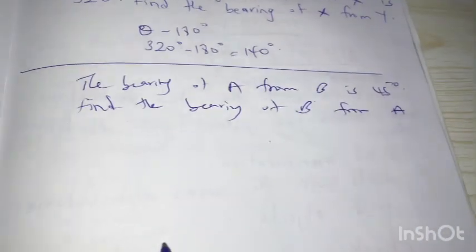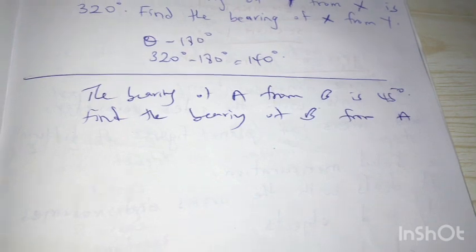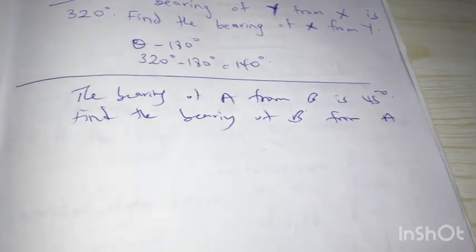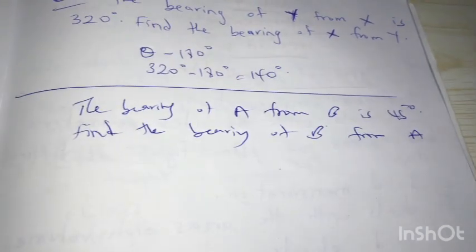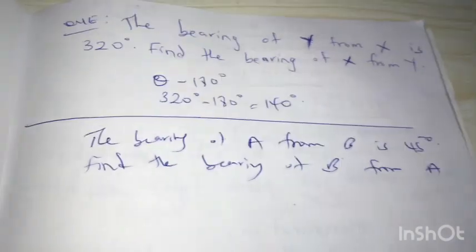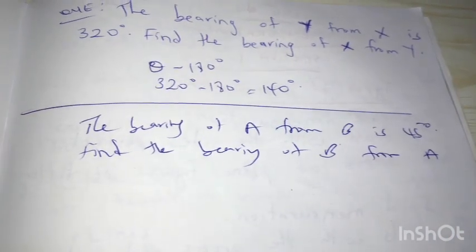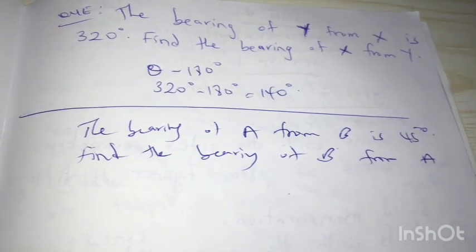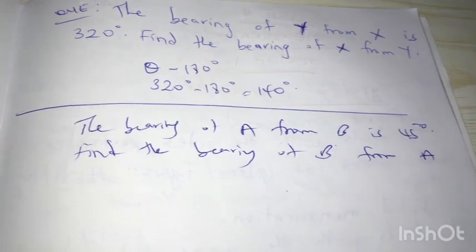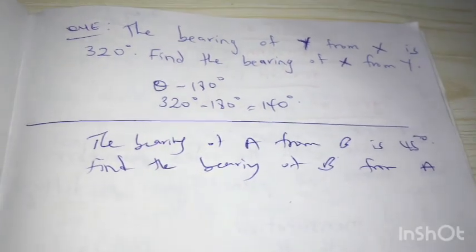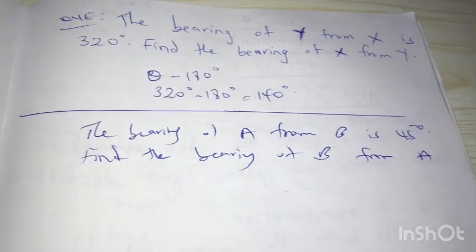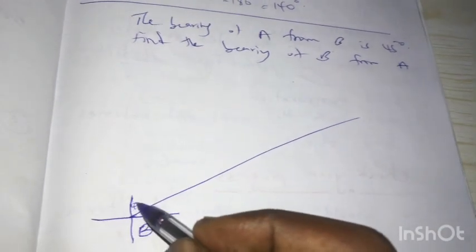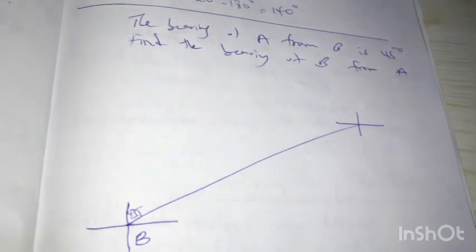But if you are drawing the diagram, do a cross here. Bearing of A from B. The letter that comes after the "from" is where the angle is formed. Which letter comes after the "from"? It is B. So this is B. When you are doing 45 degrees, it is in the first quadrant. So here is 45. Now you draw another cross here.